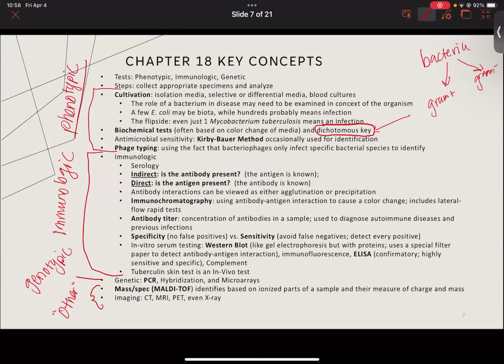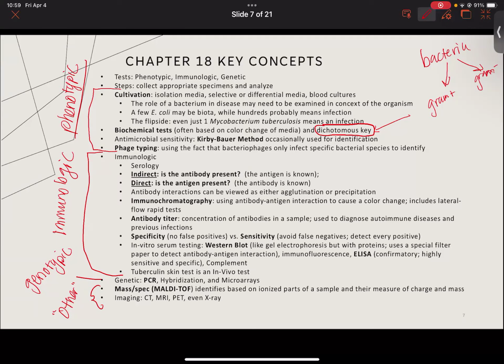For the immunologic tests, this is going to be based on antibody or antigen recognition. So it's not always antibody. It is based on immune response to antigen sometimes, that doesn't have to do with antibody.